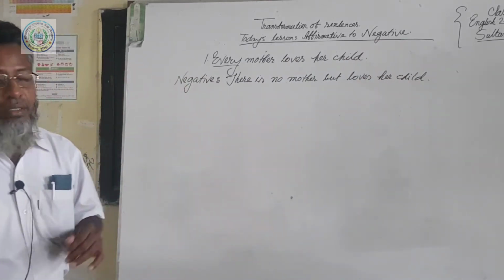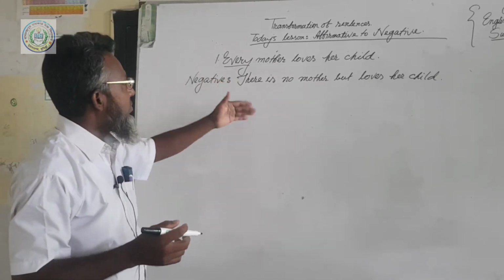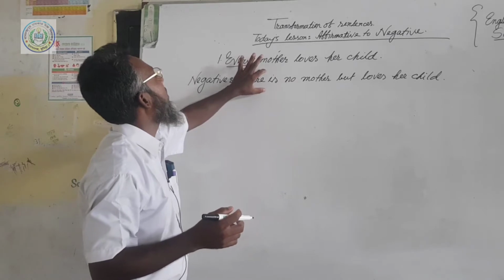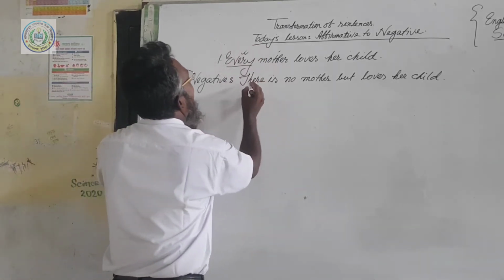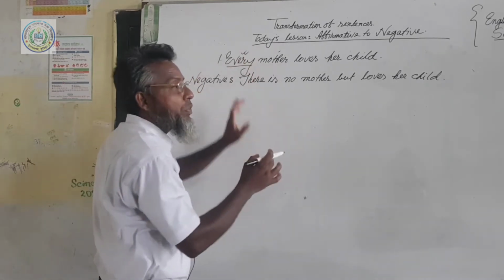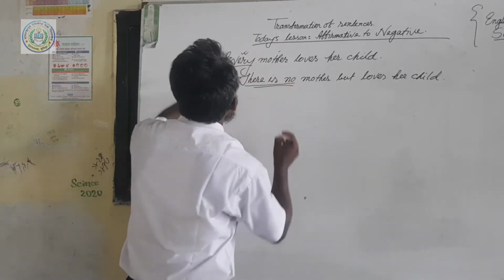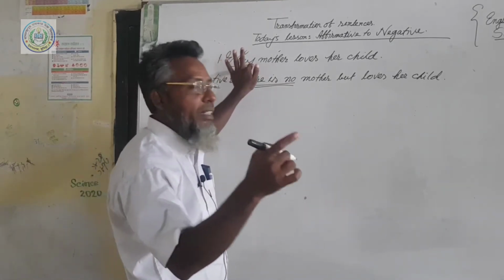My dear student, follow here. What is the changing position of the sentence? Here, every. Instead of every I write there is no. Then after every we see there is a noun, mother.